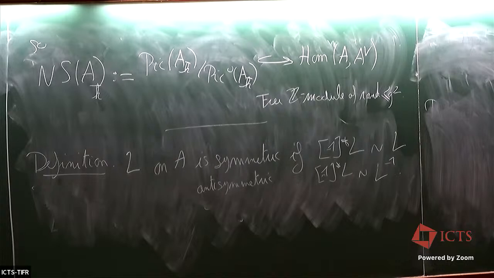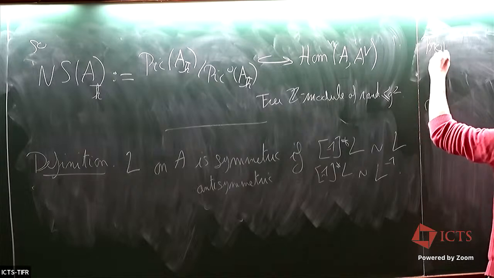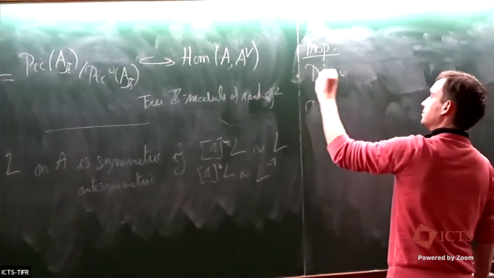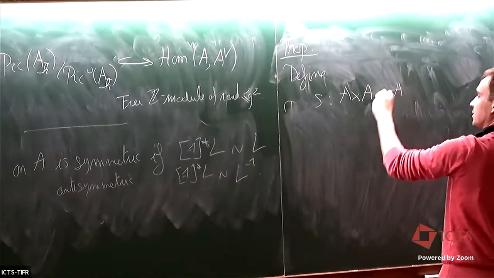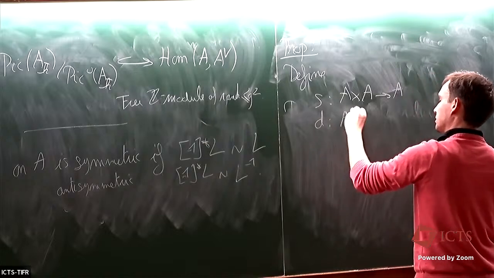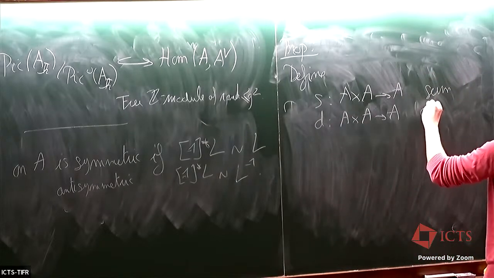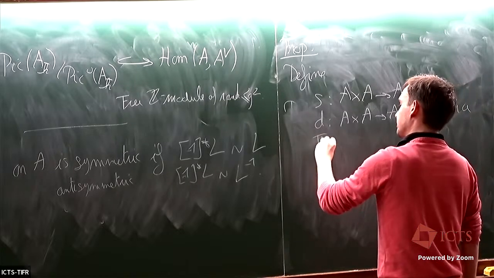And then I can give some properties of those. So define this map: the sum here, the difference, and the projections.